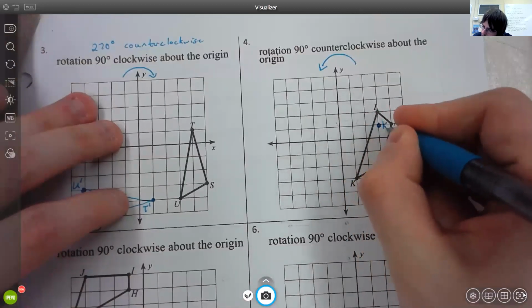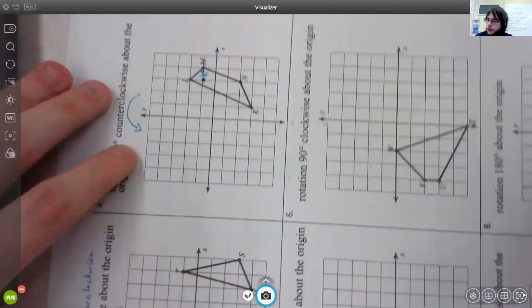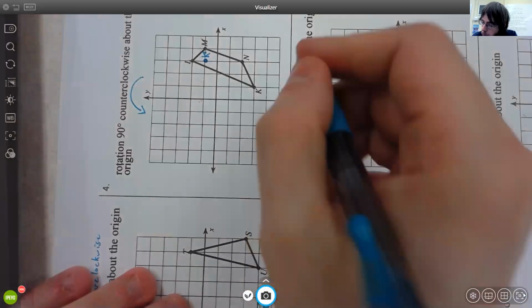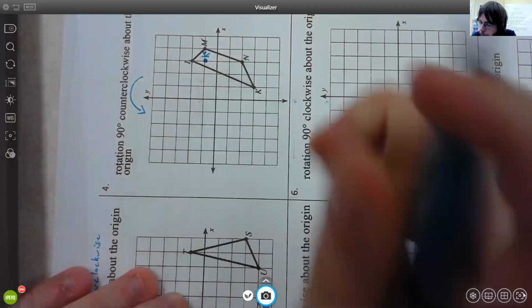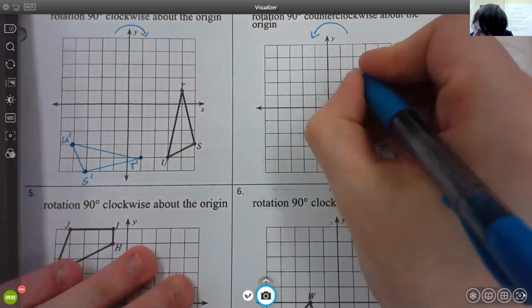So this is K prime. N, I apologize for the light. N would be at 2, positive 3. That would be N prime. 2, positive 3.